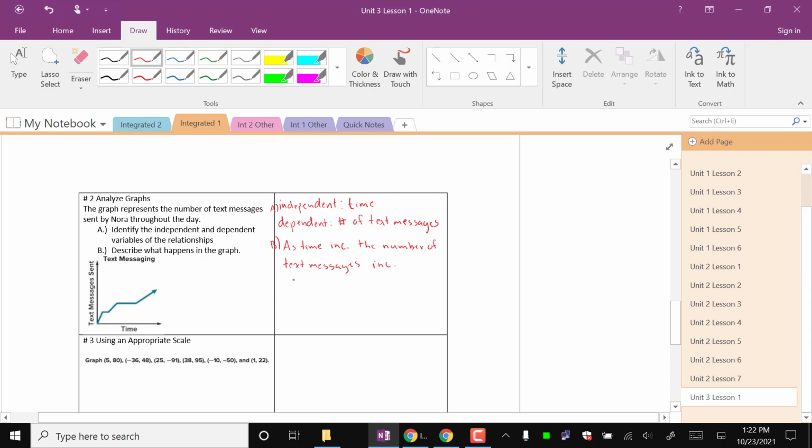The horizontal line, so that would be right here and right here. Those two are the horizontal lines. Horizontal line means no text messages are sent.